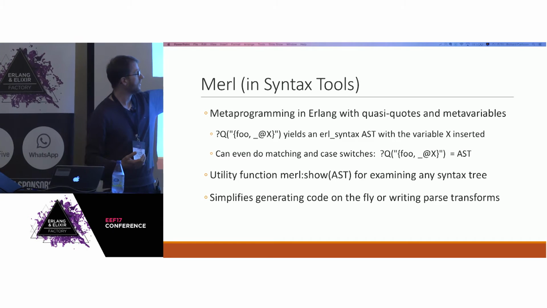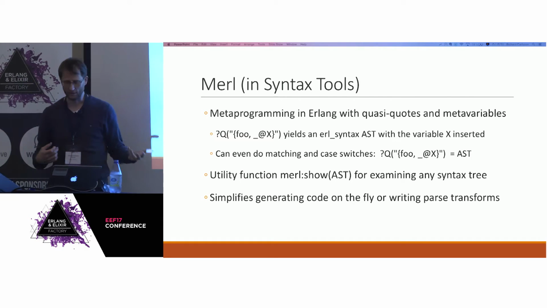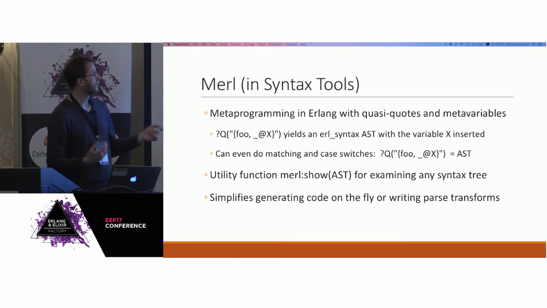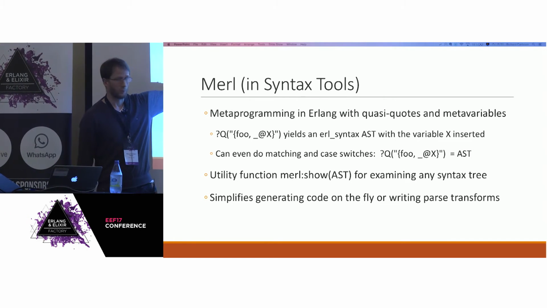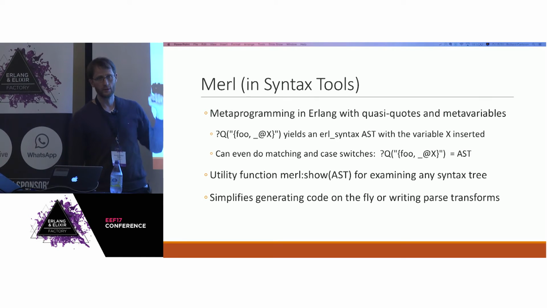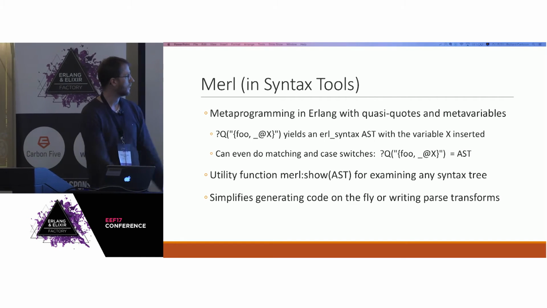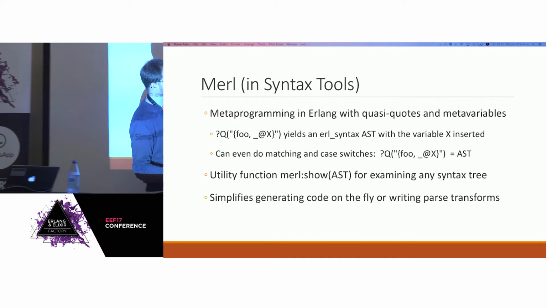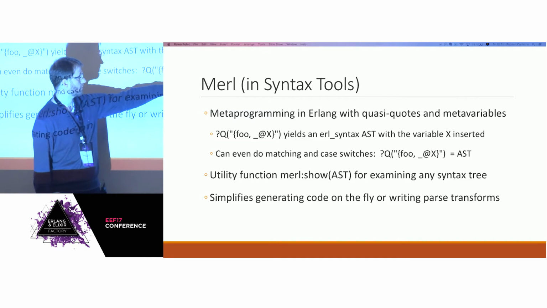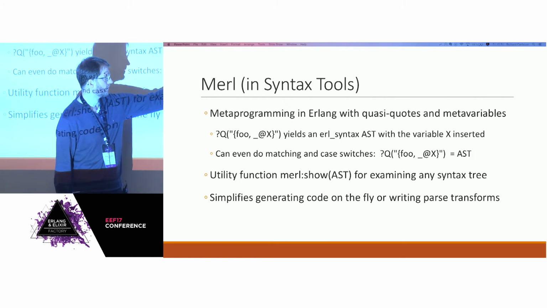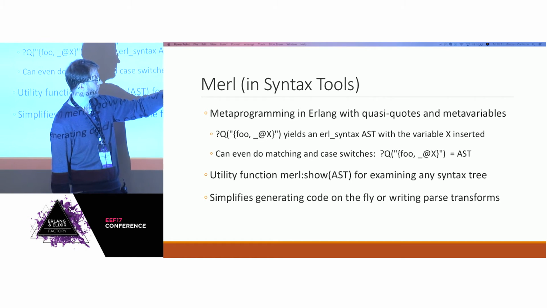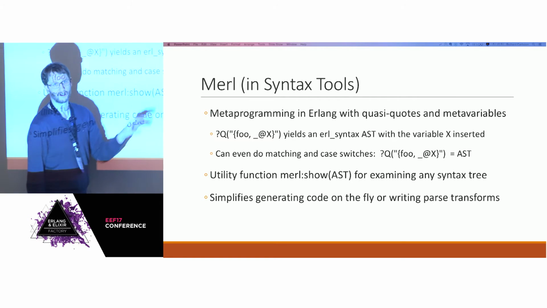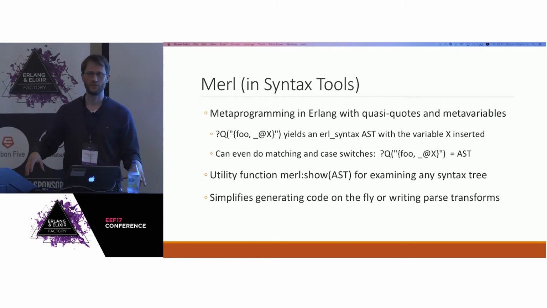And what you'll get is an erl_syntax abstract syntax tree with whatever that variable was bound to in your environment automatically inserted. And you can even do matching and case switches. So if you got an AST from somewhere, you can match on this pattern. And if it matches a two-tuple foo comma something, then you'll extract this into the variable X and get that subtree of the syntax tree.